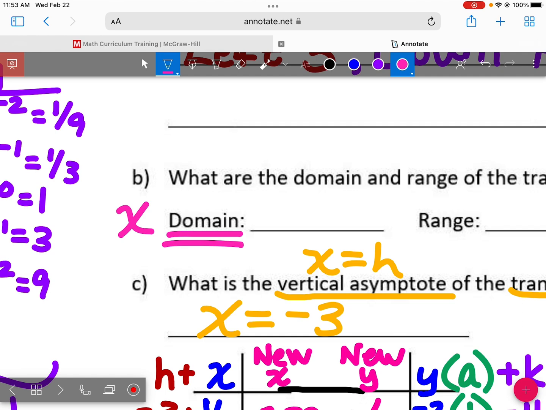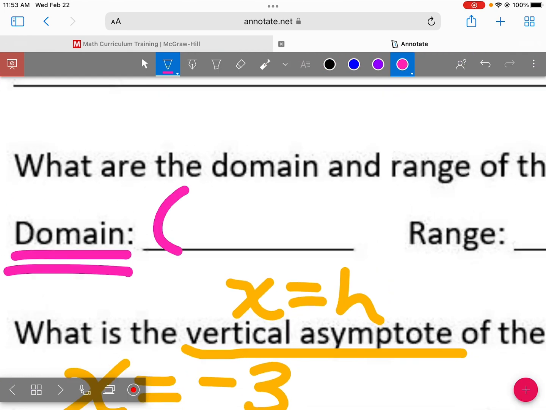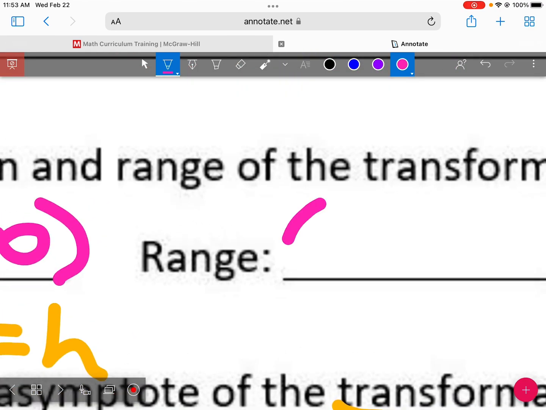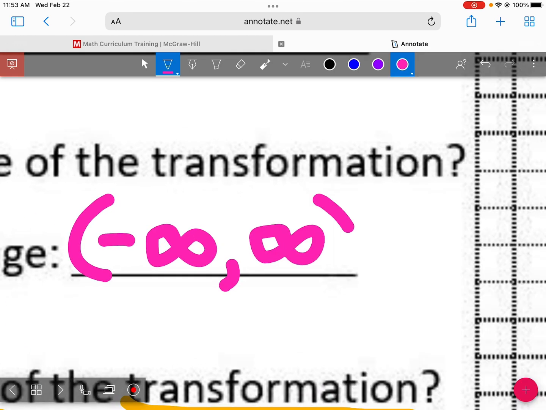That's what this vertical asymptote is doing. I can't go any further than what? Negative 3. Do I have a barrier on the right-hand side? Nope. Negative 3, infinity. My range, on the other hand, is all real numbers. Negative infinity to positive infinity.